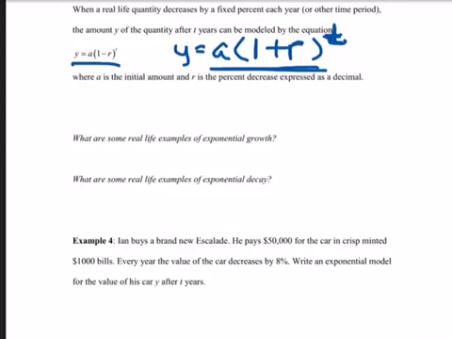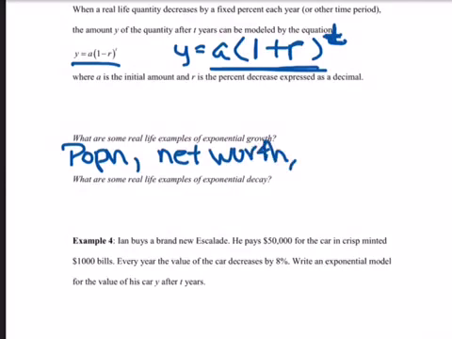So, some real life examples of exponential growth might be population, the net worth of something, your debt on your credit card, and so on. Exponential decay, again, could be net worth or population if we're looking at an endangered species.